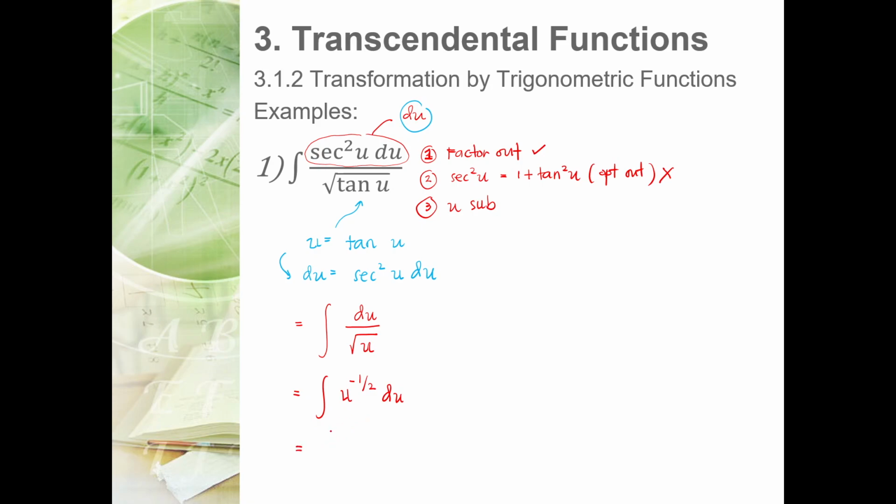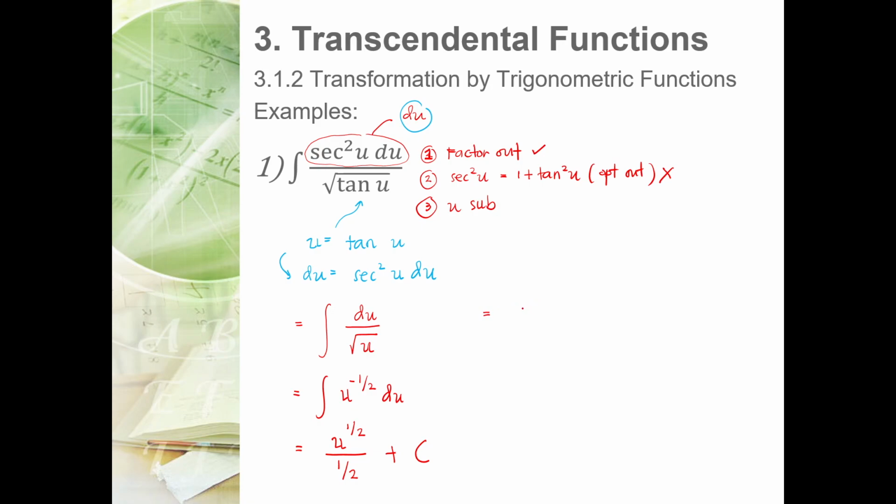So we can just use the basic formula by adding 1 to the exponent: u to the power of n plus 1 over n plus 1. So u to the power of 1/2 all over 1/2, right? Negative 1/2 plus 1 is 1/2, plus c. So bring back the value of the u parameter, which is tangent u.